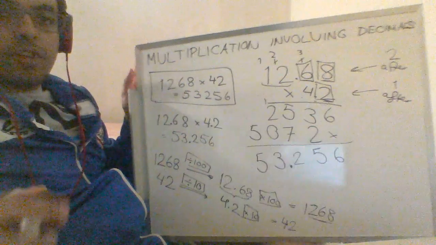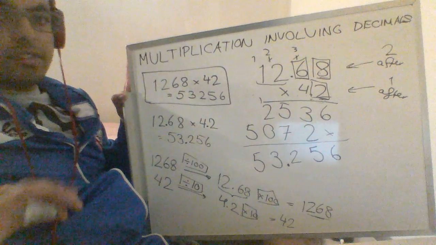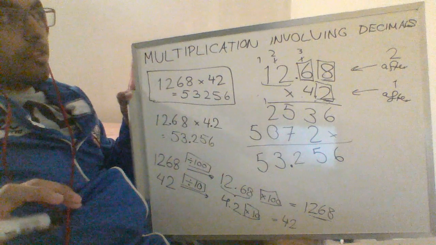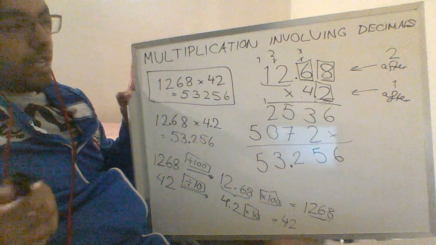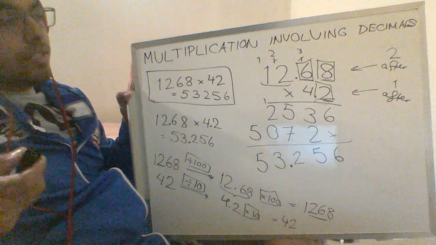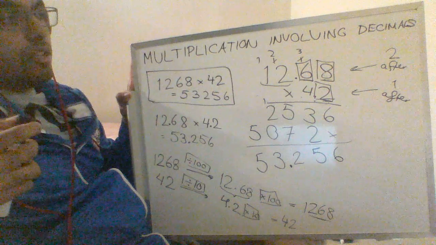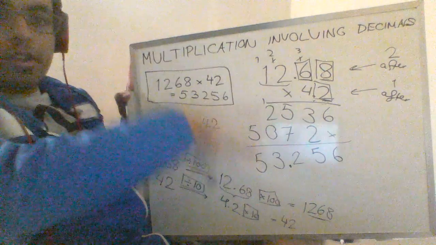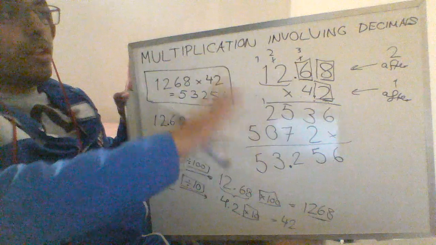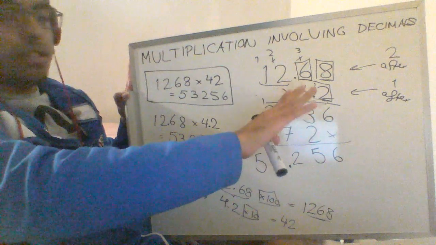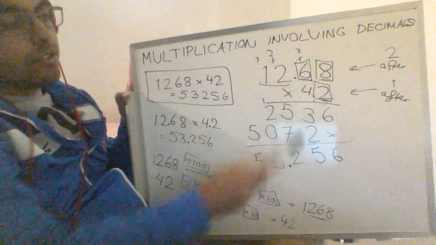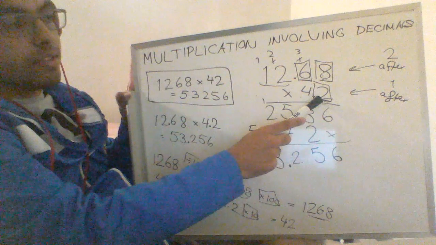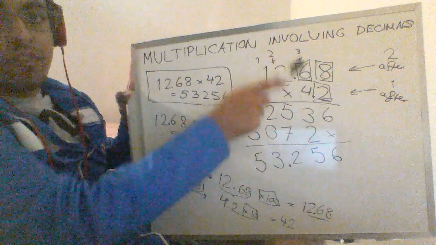So if trying to understand it that way doesn't really make sense, then you don't have to think about it that way. The main takeaway for multiplication involving decimals is just that you can work through the problem the exact same way, ignoring the decimal points in the question, and then at the end, just count how many digits you have behind the decimal point in both your factors combined.